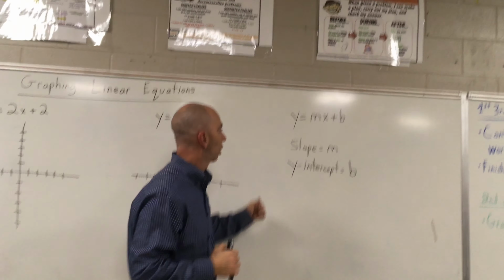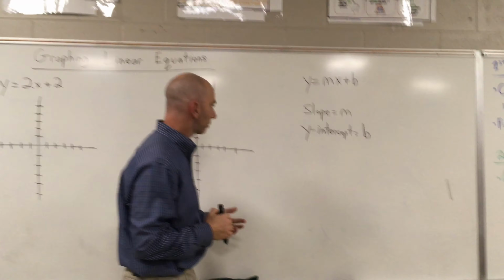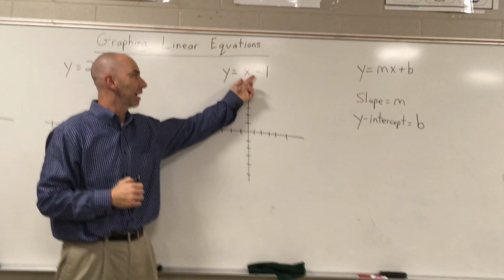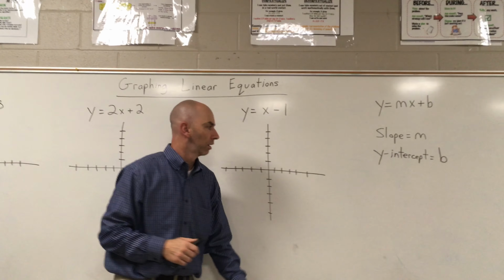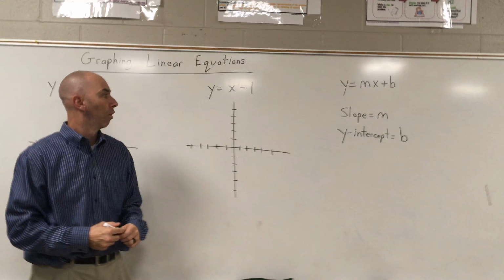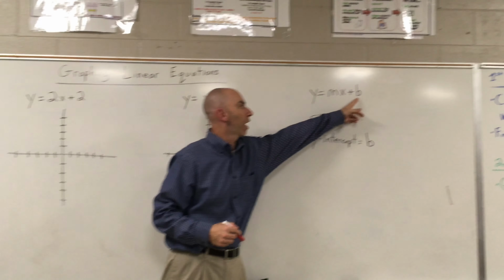Alright. So when we have an equation, we're going to go with this one right here: y equals x minus 1. To graph this linear equation, first we need to know what the y-intercept is.